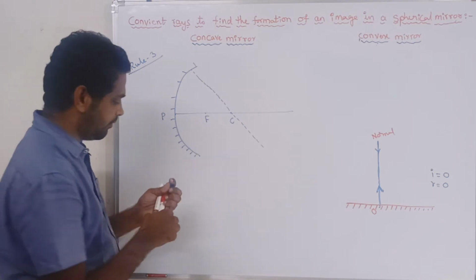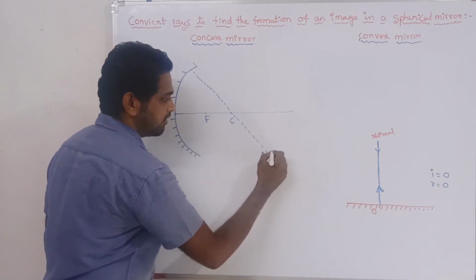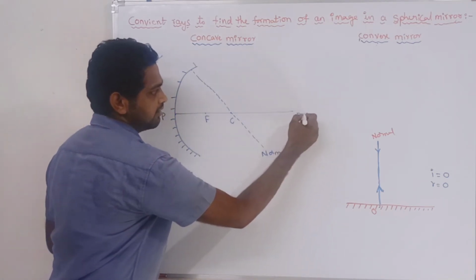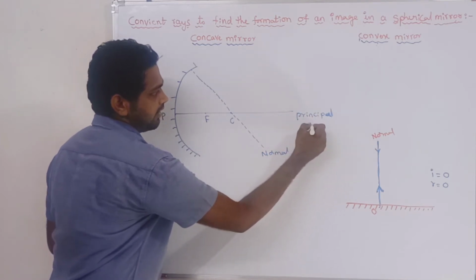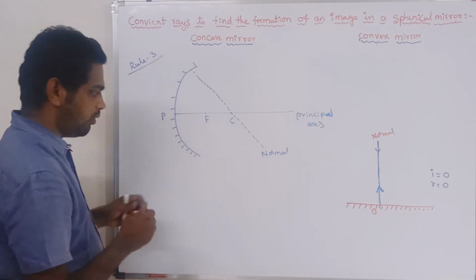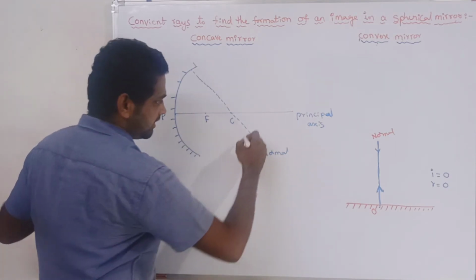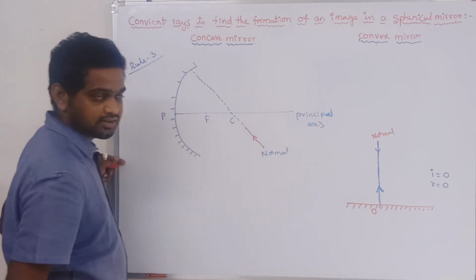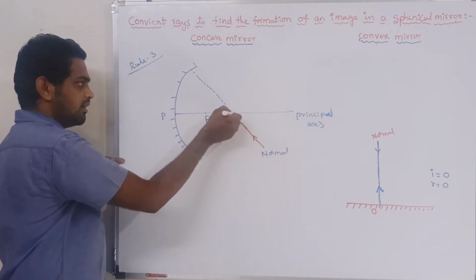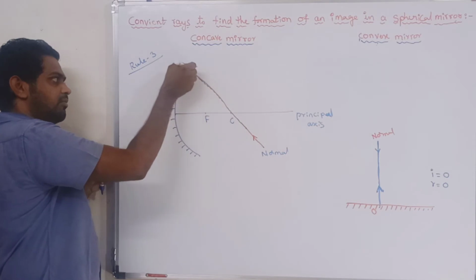Clear? Now this will be the normal and this is the principal axis. Now take the incident ray which is passing in the direction of the normal only. So this will be the incident ray, in the direction of the normal.